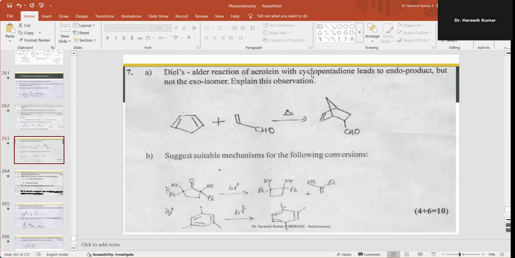Here, a Diels-Alder reaction, acrylic with cyclobutadiene. That means the endo product will be the major product. In the endo product, the groups attached to the dienophile will have interaction with the newly formed pi bond. That's the reason endo will be the major product compared to the exo one. Then suggest the suitable mechanism for the following. In this one, alpha cleavage.